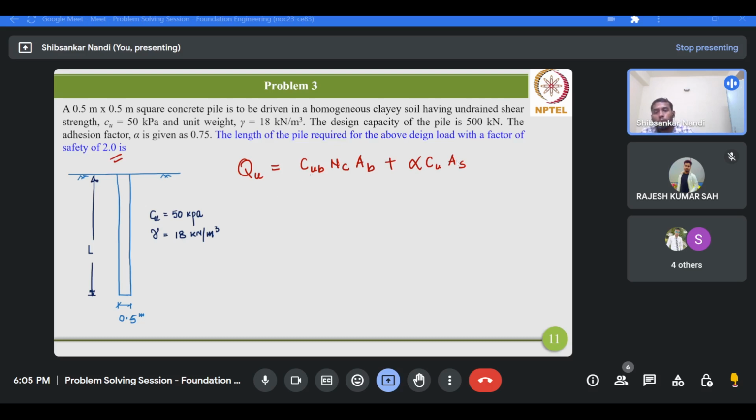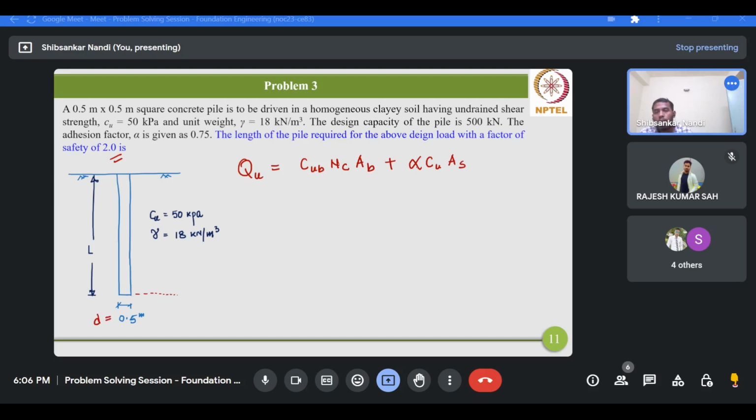Now what is C_ub? This is the cohesion at the base level of the pile. What is N_c? N_c is the bearing capacity factor contributed by cohesion, and as you know, for a deep foundation this value should be 9 as per Skempton's theory. What is A_b? This is the cross sectional area at the base. So again this will be pi by 4 D square, and D for this present problem is 0.5 meter.